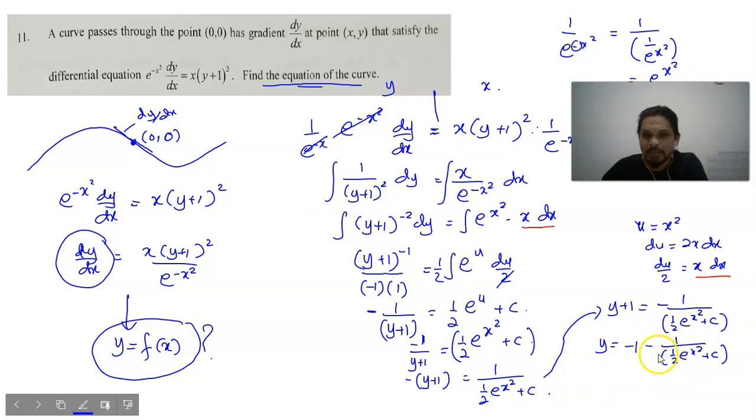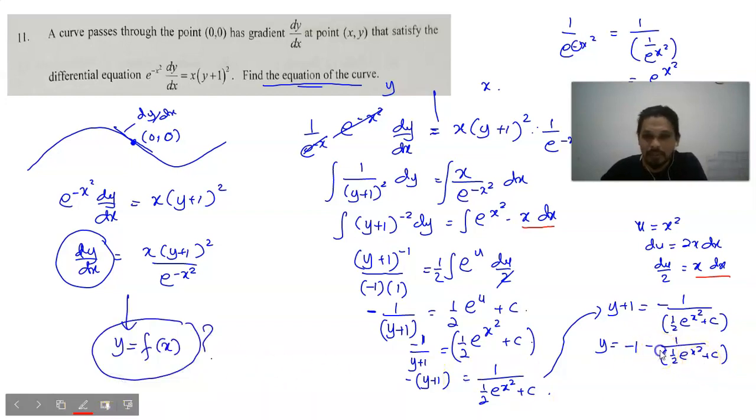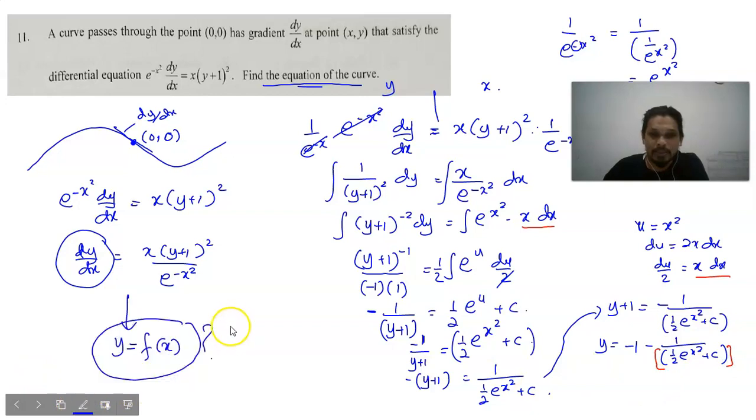Okay, so just thinking of how are we going to simplify this, especially for this one here. Okay, let's try with 1 over 2 e to the power of x squared plus c. And simplify this as e to the power of x squared divided by 2.